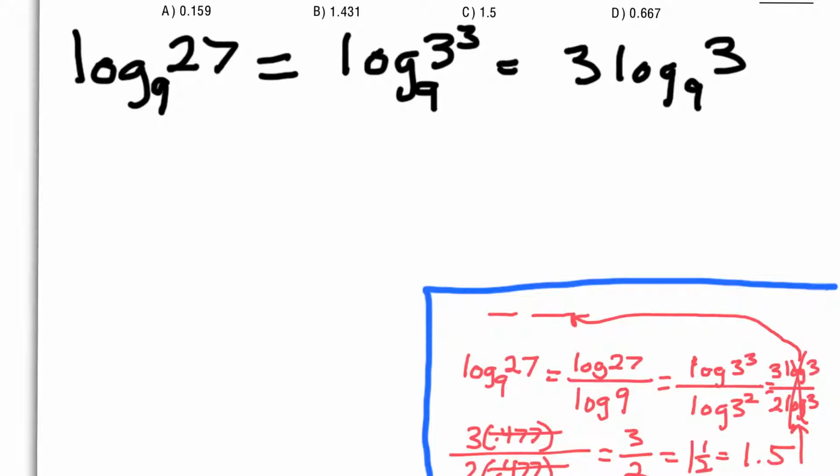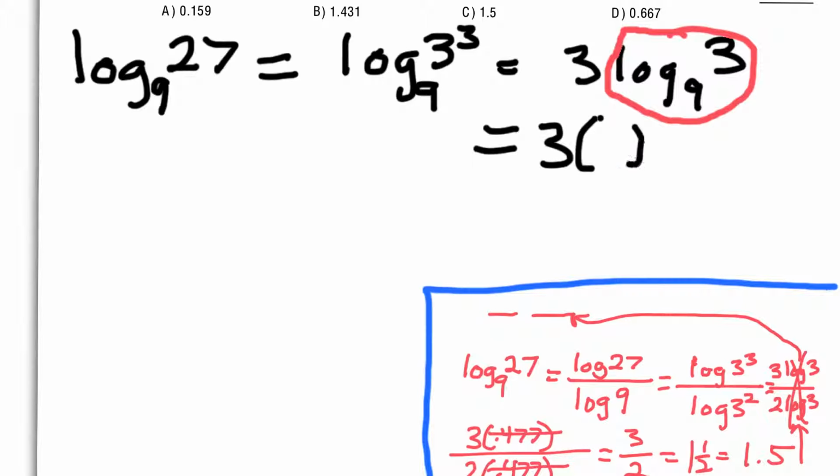Now this part right here, the log base 9 of 3: 9 to what power is 3? Well, it's to the 1/2 power, right? So the answer to log base 9 of 3 is 1/2. So this equals 3 times 1/2. Again, we have 3 halves, which equals 1.5.